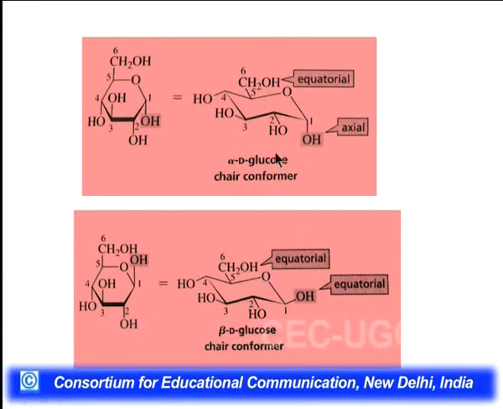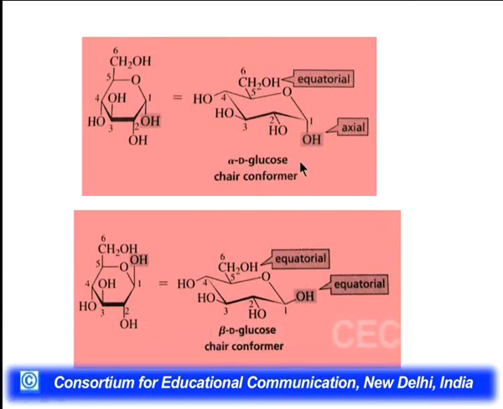We can say that in alpha D glucose, the anomeric OH is at the axial position, whereas in the beta form, the anomeric OH is at the equatorial position. This is the only place where the configuration is different.